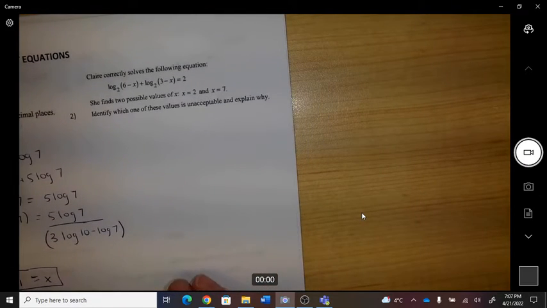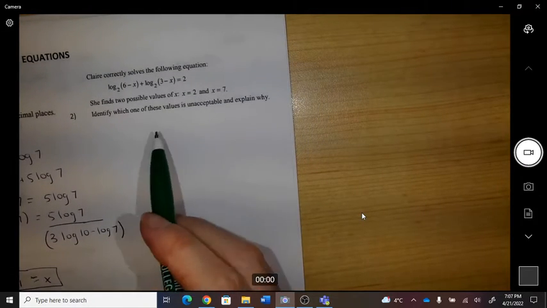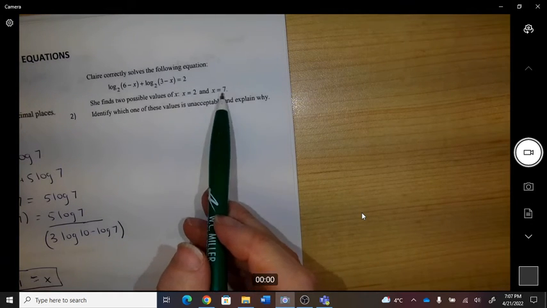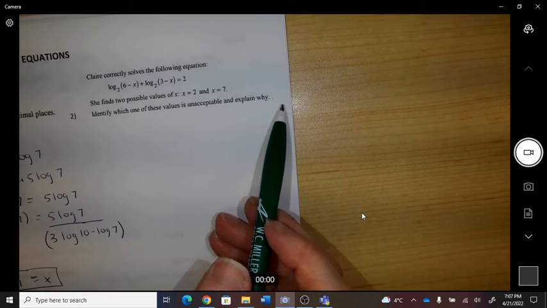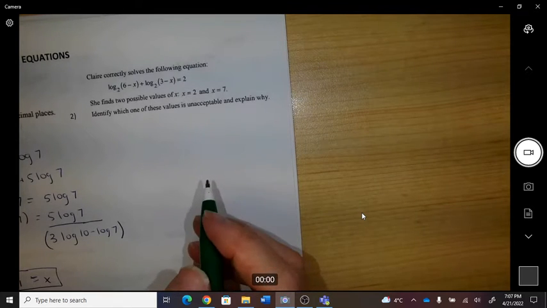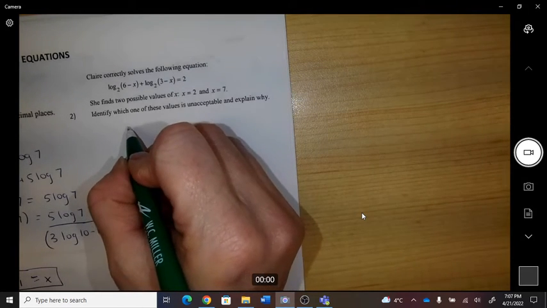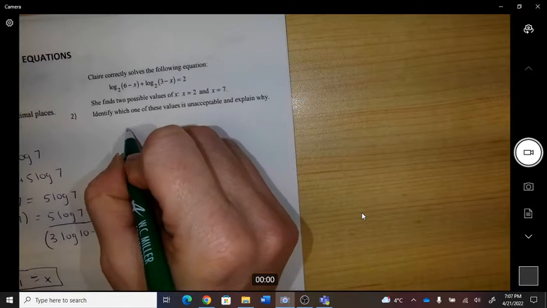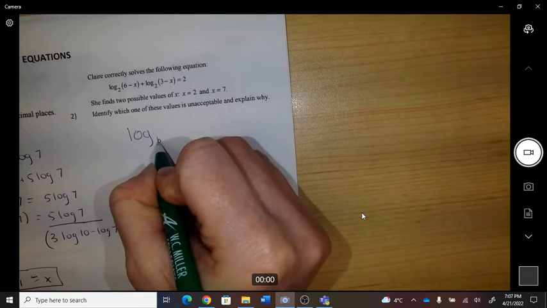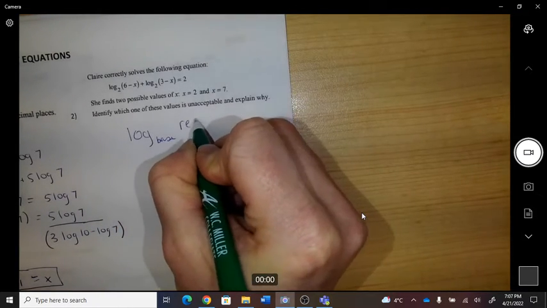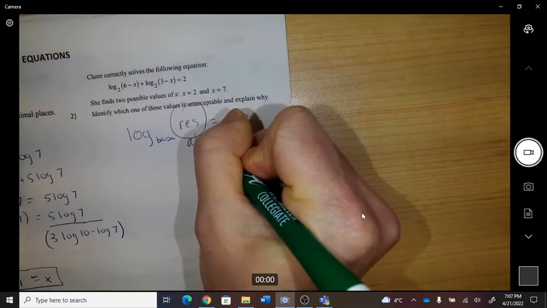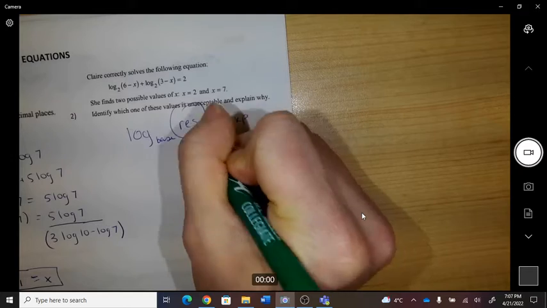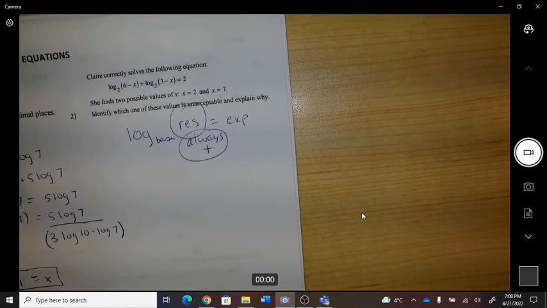Okay, solving this, she found out that x could be 2 and 7. Identify which one of these values is acceptable and explain why. So remember that when you have logs, this is always a positive result.